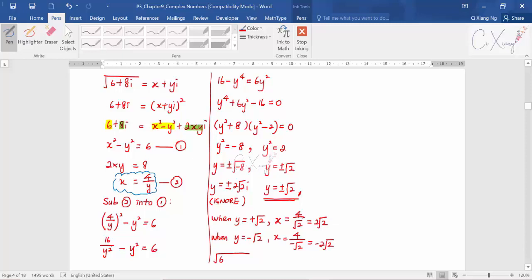For the square root of 6 plus 8i, the two answers that you get are 2 square root 2 plus square root 2i, and another one is negative 2 square root 2 minus square root 2i. So you have two answers for the square root of 6 plus 8i.